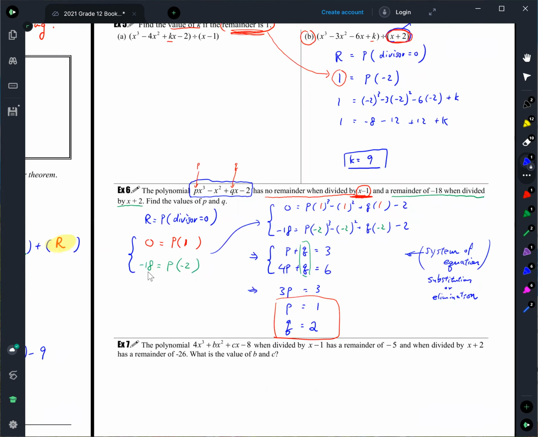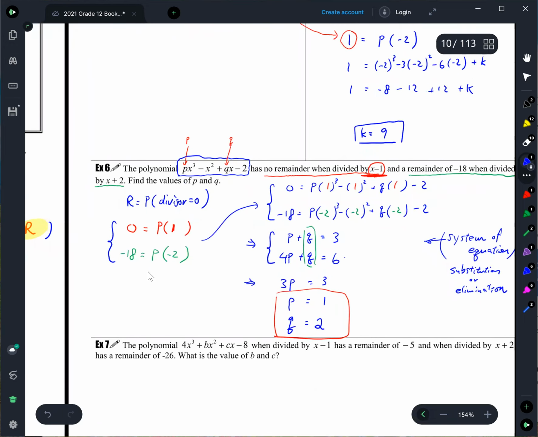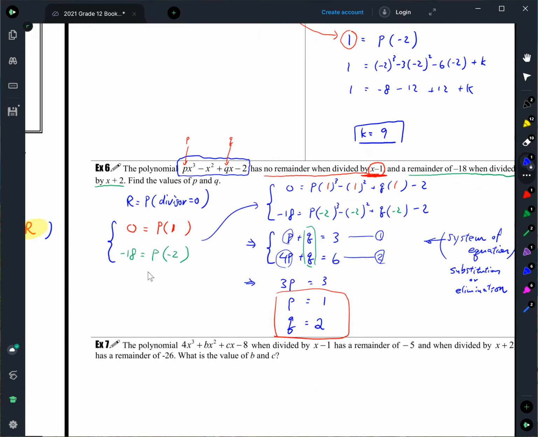Why is it 3p is equal to 3? So what we did is, you know how we got the 2 equations here, number 1, number 2? Yeah, okay, so we just eliminate the Q by taking the second one, subtract the first one. So 4p minus p, what do you get? 3p, okay. And then Q minus Q is gone.